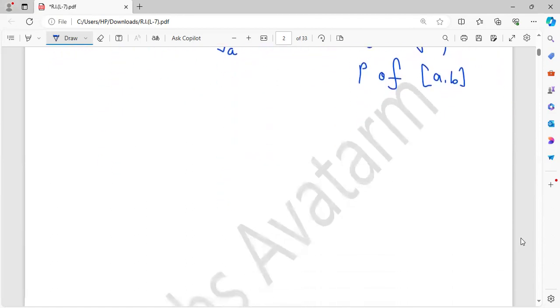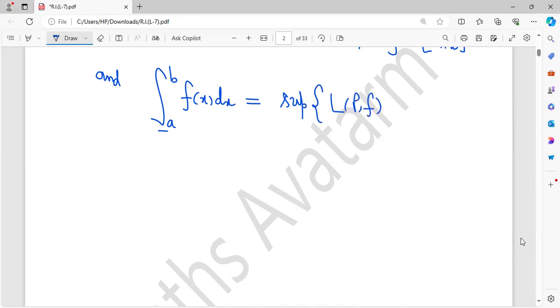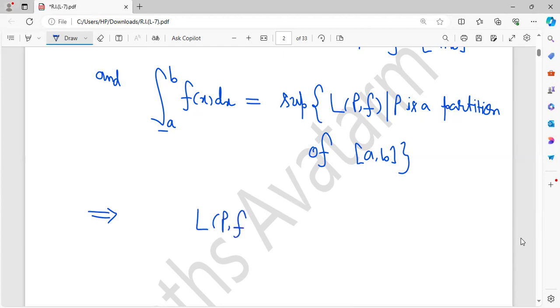And what is the lower Riemann integral? The lower integral of f(x) dx from a to b is equal to the supremum of L(P, f), where P is a partition of the closed interval [a, b]. Since this is a supremum, each L(P, f) is less than or equal to the lower integral of f(x) dx.